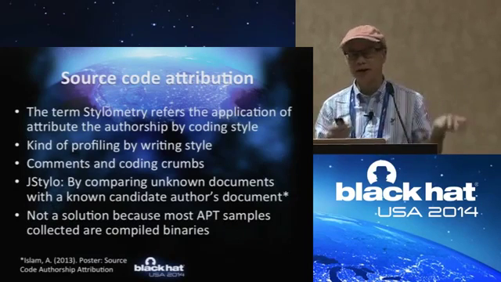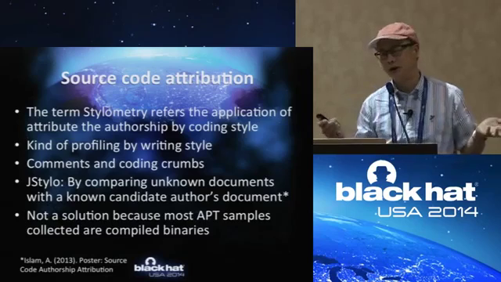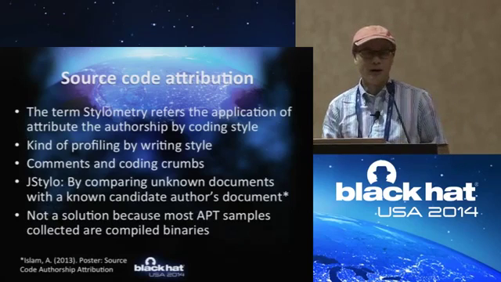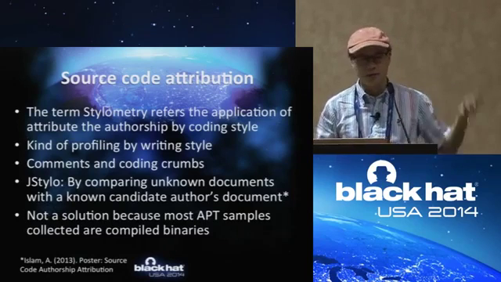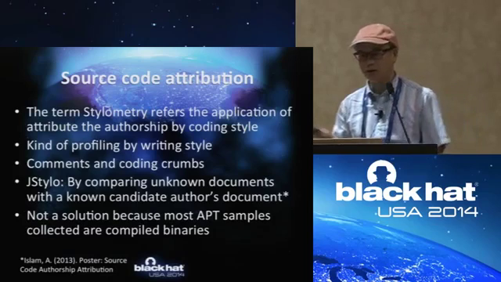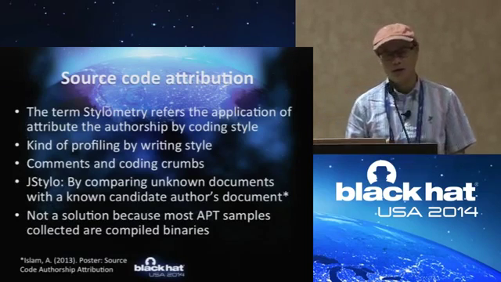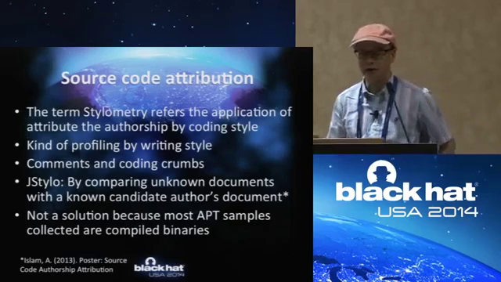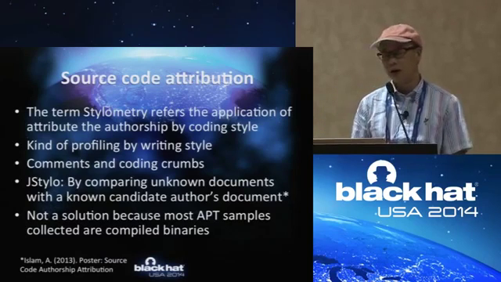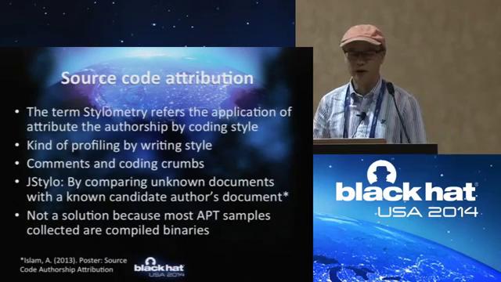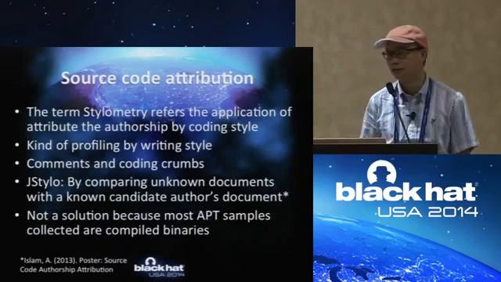It is also known as writing style. If you have source code, maybe you can scan through the comments or coding crumbs. There's a tool released on the internet called JStyle, which compares an unknown document with known candidate authors' documents.